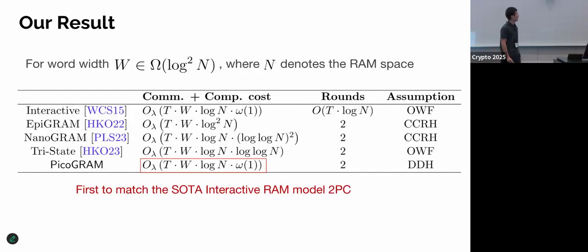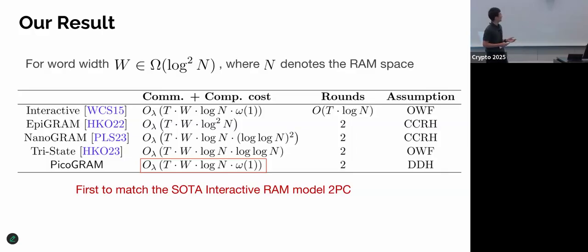So here's a summary of our result. For simplicity, I assume the word width, basically the number of bits in each memory cell, to be moderately large. It's at least log squared n, where n is the number of memory cells. As you can see, for these prior works, the cost is getting closer and closer to this interactive baseline, while reducing the round complexity to just 2.